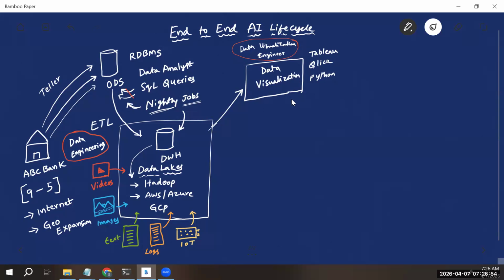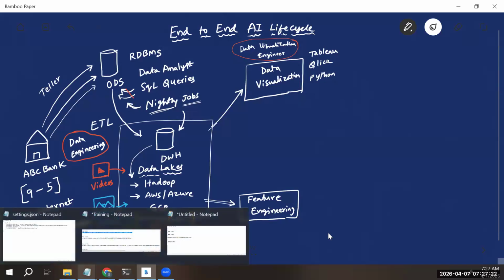There is another set of data engineers typically doing transformations, which is called feature engineering. It helps in transforming the current data into a usable format.